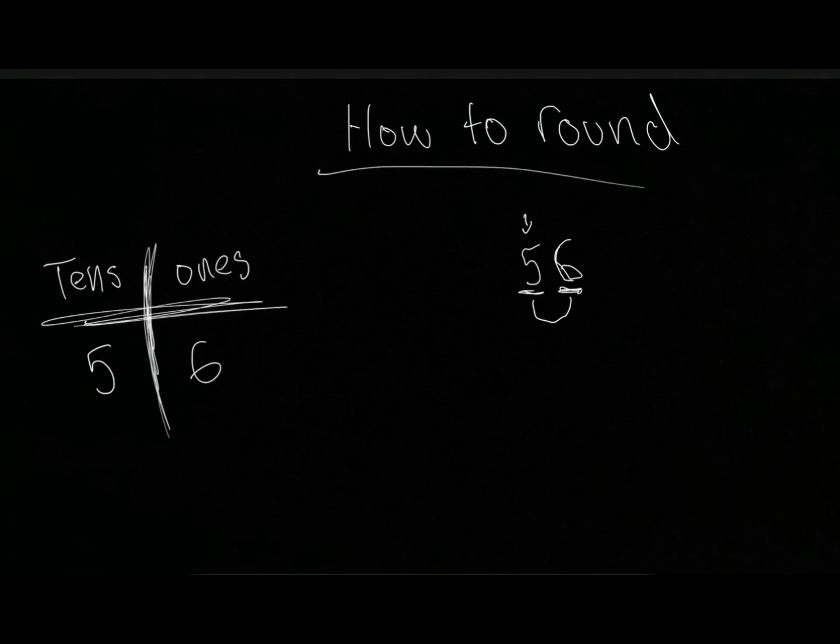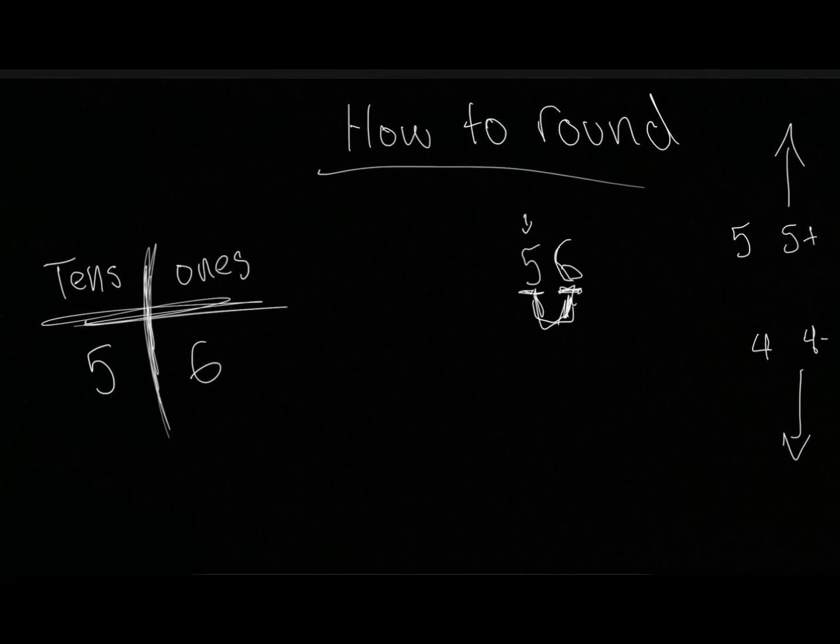If the number next to the tens, which is 6 in this case, is 5 or more, then we round up. If it's 4 or less, then we round down.